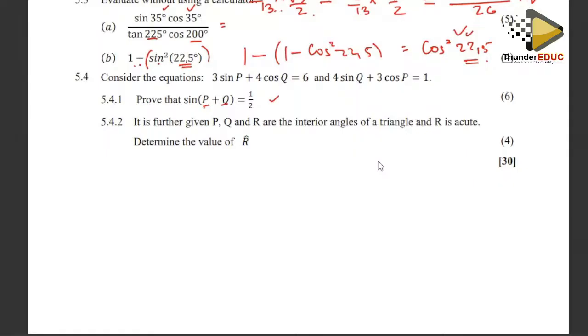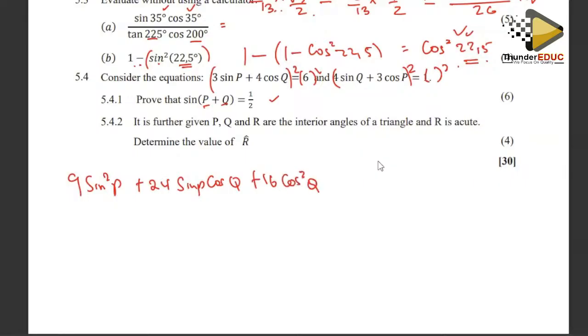What are you going to do there? Okay, so because it's a bit tricky, I'm going to start by squaring here, and also squaring this side, because that's the only way to sort this out. So I'm going to get 9 sine squared p plus 24 sine p cos q plus 16 cos squared q is equal to 36.